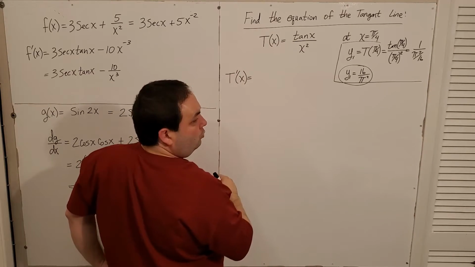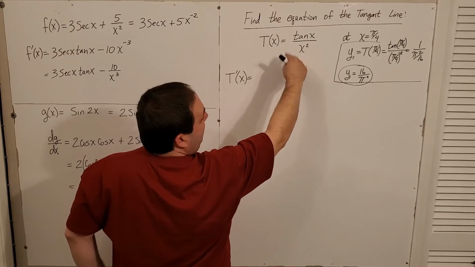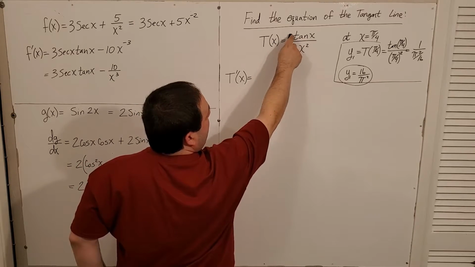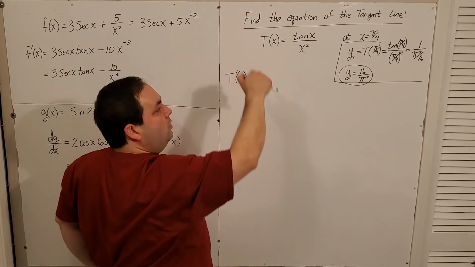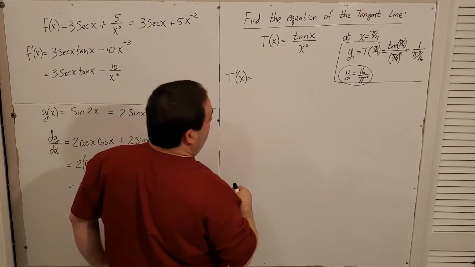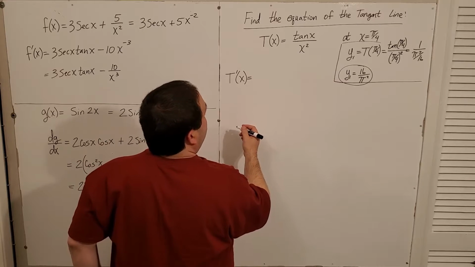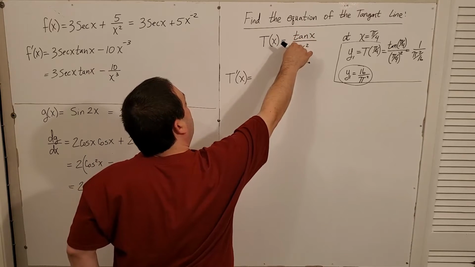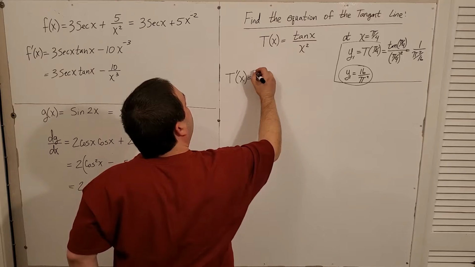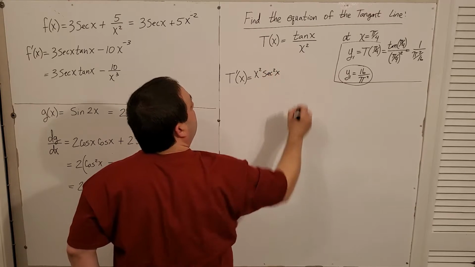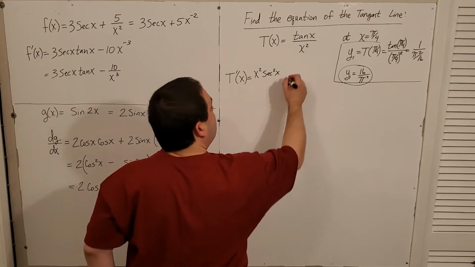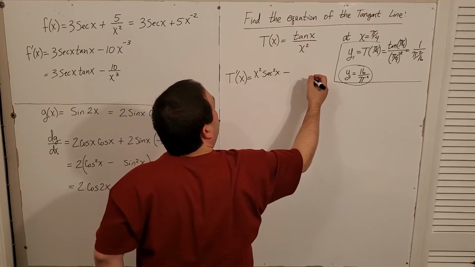It's a quotient rule, right? You can see the fraction, and there's no way to simplify this any because I have a trig mixed with a polynomial, right? A transcendental with a non-transcendental, right? Okay, so I have to do quotient rule, which is low d high. That's going to be x squared times secant squared minus high d low.